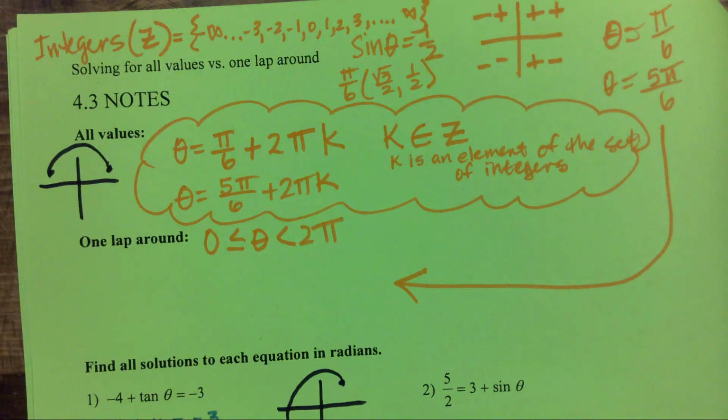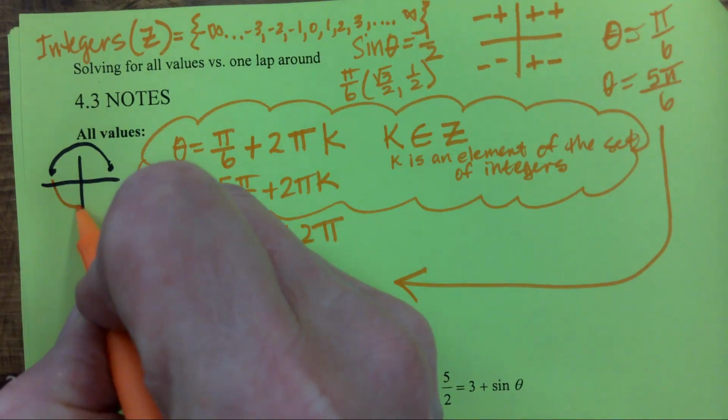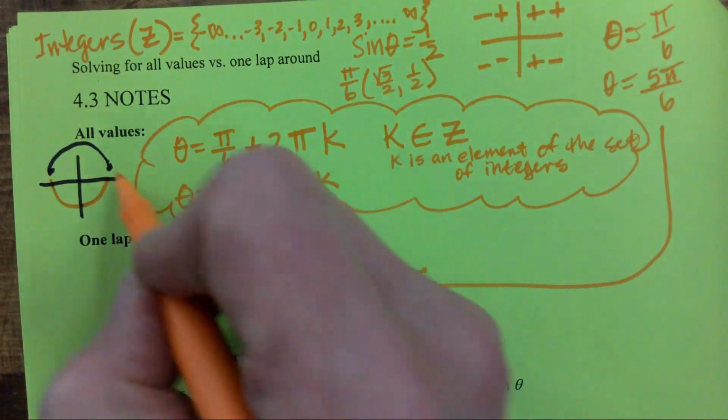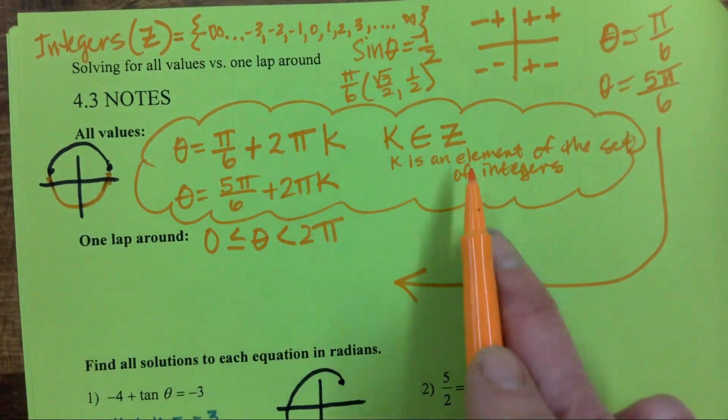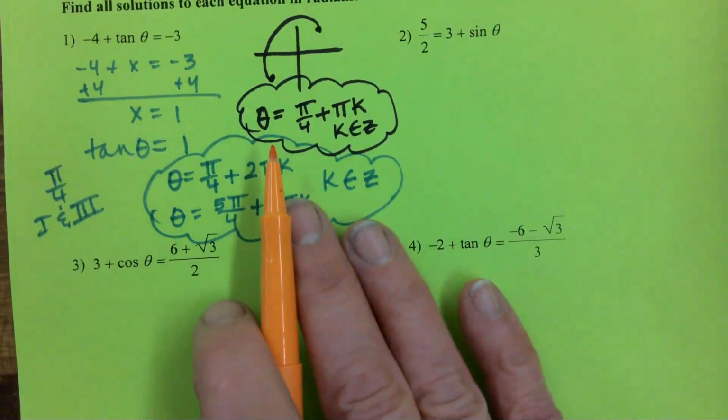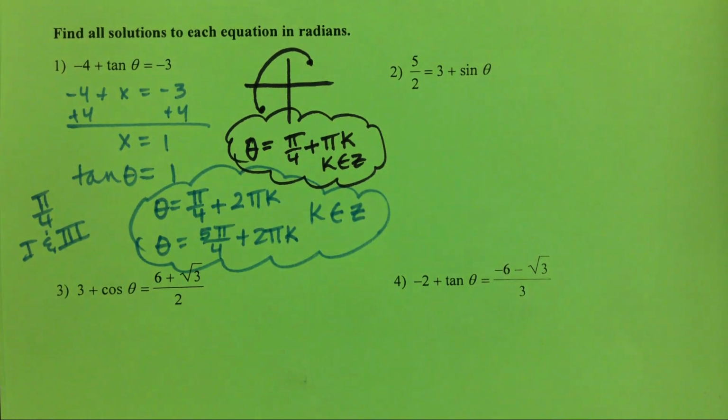In addition, to get around to the next one, to get back to that spot again, it's not the same length of an arc. So this has no shortened version, but this tangent one does. If you remember when we were graphing, the period for sine and cosine was 2 pi, but the period for tangent and cotangent was half that. That's the same concept going on here. It's all about how long it takes it to repeat itself or get back to where it was.